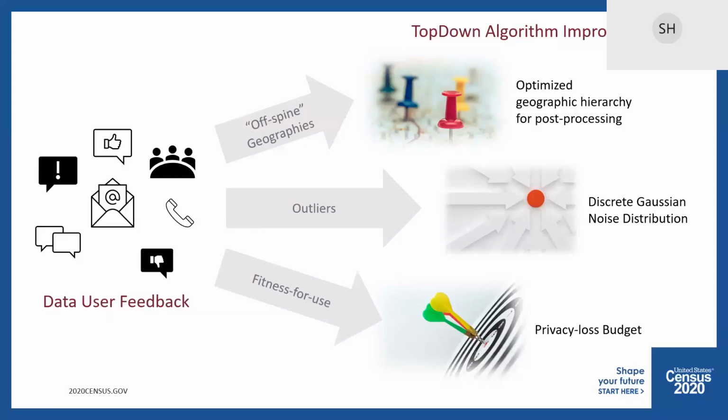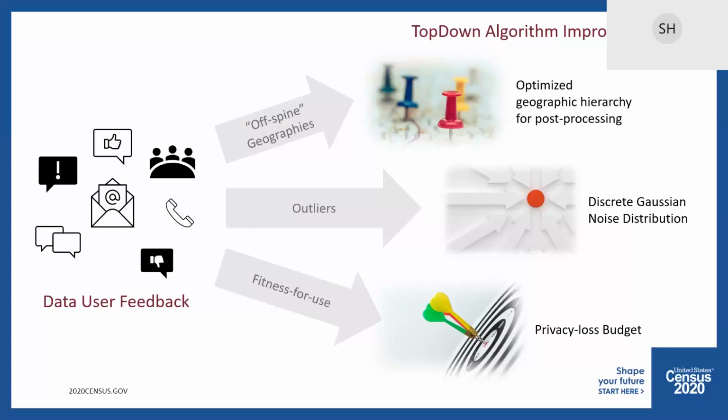In earlier iterations of the demonstration data that we released, we used a particular statistical distribution known as the discrete Laplace distribution, or discrete geometric distribution. In response to concerns about outliers, where the larger amounts of noise were being added with low probability, but from the tail ends of that distribution, concerns about those outliers led us to change the mechanism that we're using for the noise infusion.